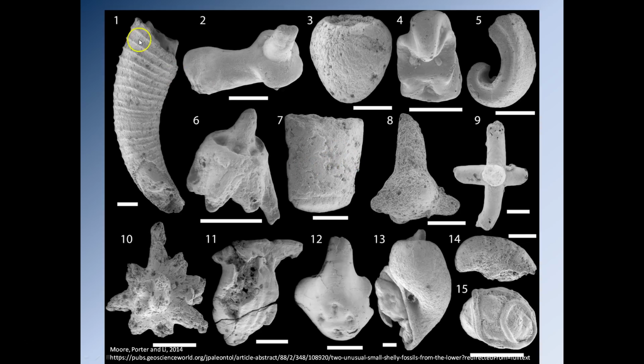Then you compare organisms like 1 and 5, and you can envisage that they may have been discrete organisms in their own right. The organism itself may have lived up towards the top end of the shell here, and these may well have been earlier portions of the shell as the organism grew and got larger, more segments were added, and you can see the same thing here.